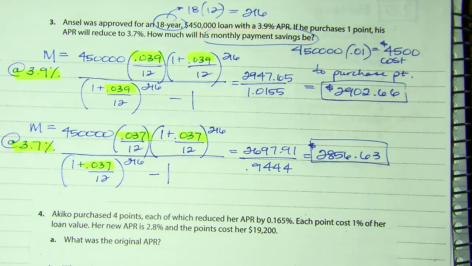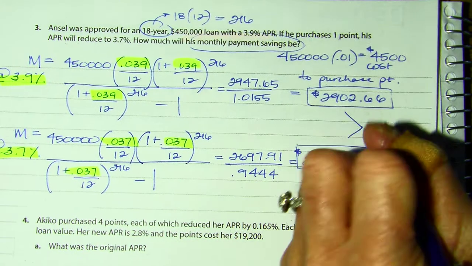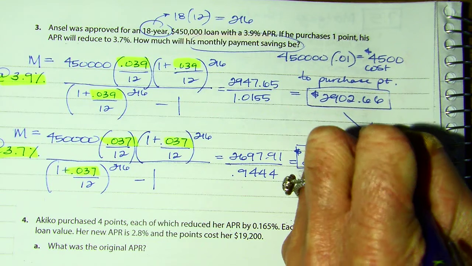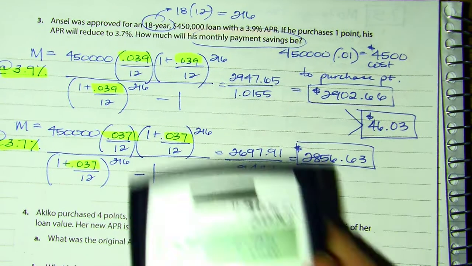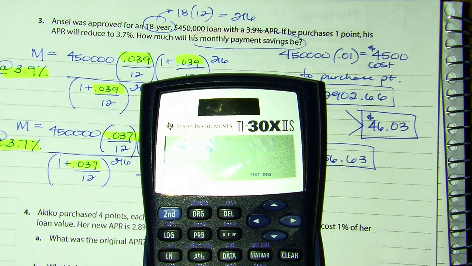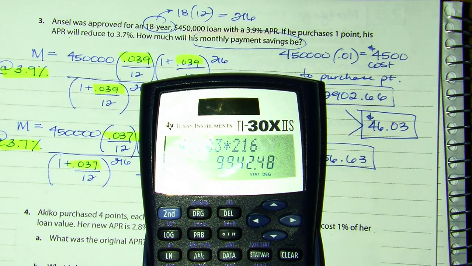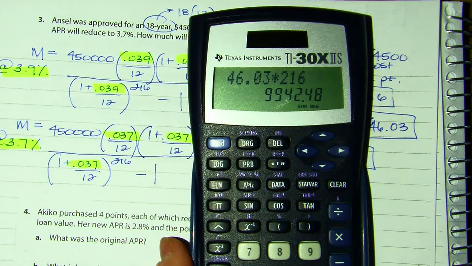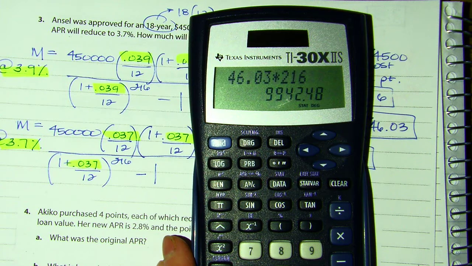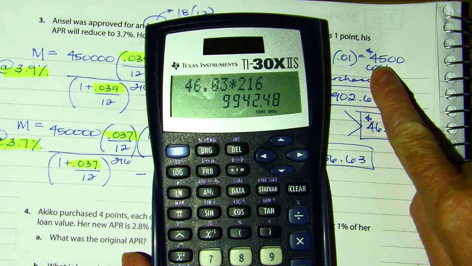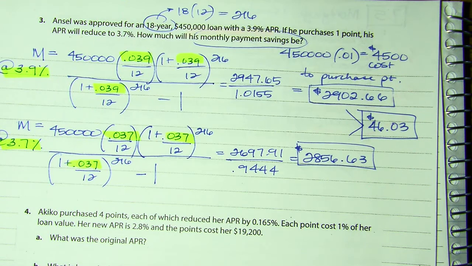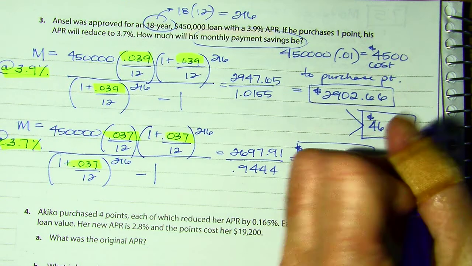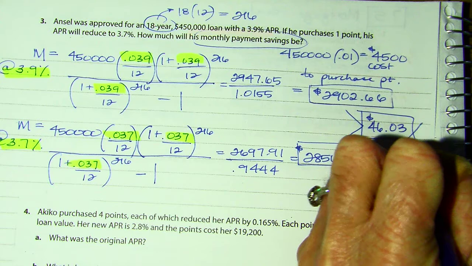So you would simply subtract the 2 and he would save $46 per month. So overall, 46.03 times 216. Overall, he would save almost $10,000. So to spend $4,500 and save almost 10, it might be worth it for people. Okay, so this is per month.